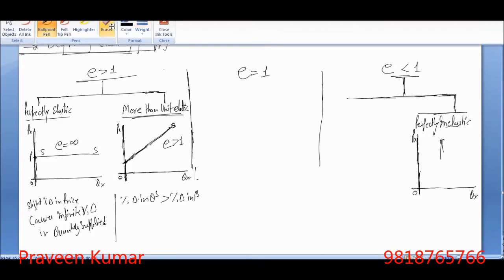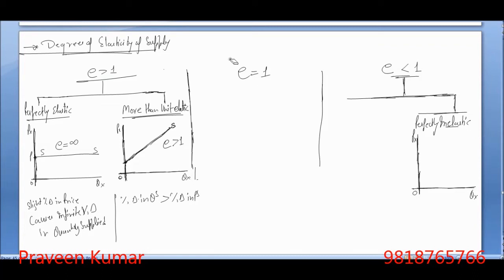Let me try and draw a straight line. Great. So it's a vertical supply curve. That means any change in price doesn't cause any change in quantity supplied. If the price is P0, then the quantity supplied is Q. If the price is P2, then again the quantity supplied is the same, QS.